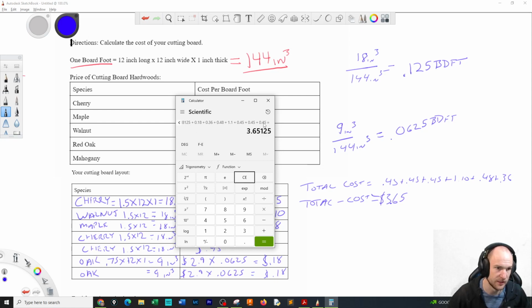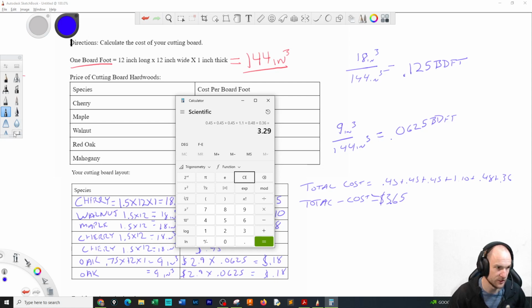Oh no, it's not going to be that much. There's extra values in here. So we got to clear everything. So it would be 0.45, 0.45 plus 0.45 plus 0.45 plus 1.10 plus 0.48 plus 0.36. So it's $3.29.